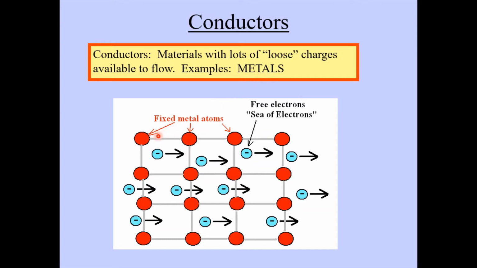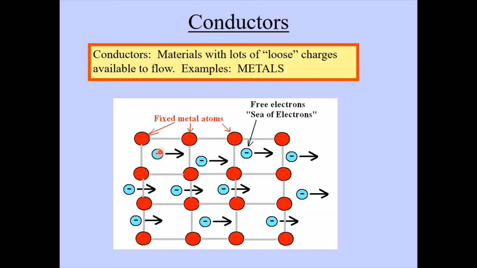So this is an atomic model of a piece of metal. We've seen something like this earlier in the course where we had all these metal atoms connected together by bonds. Okay, so this is a solid piece of metal. What happens in the solid here is that some of the electrons that are normally attached to these atoms are very loosely held.